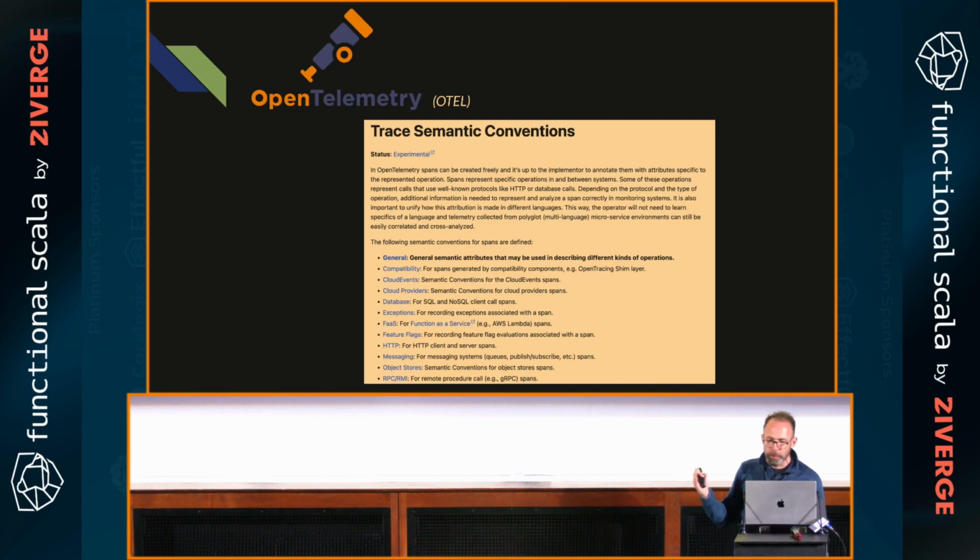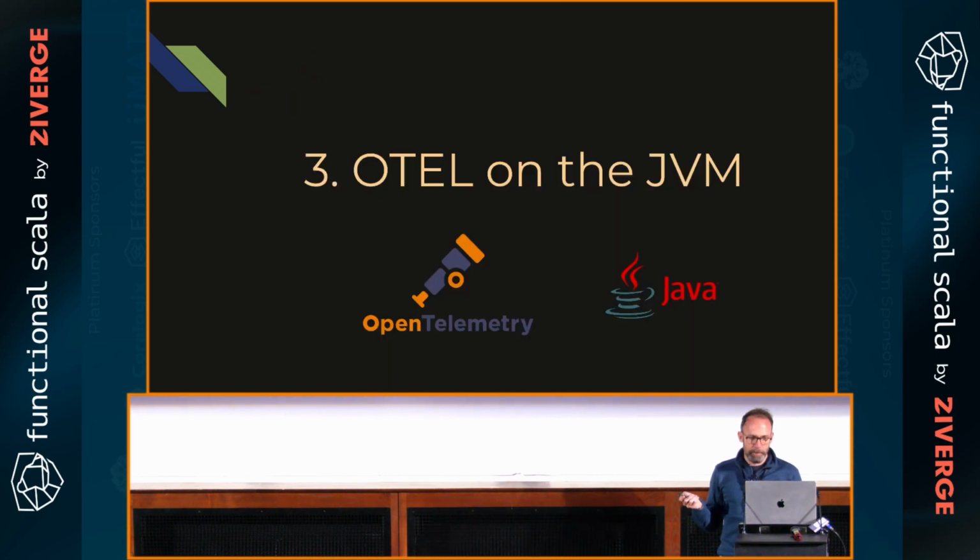For example, when you publish to Kafka, you want to put the topic in a given attribute, and this defines the name of that attribute that should be used when you use OpenTelemetry. So you just import, if you're using Java, a Java library that defines all the static fields that you can then use for your application.